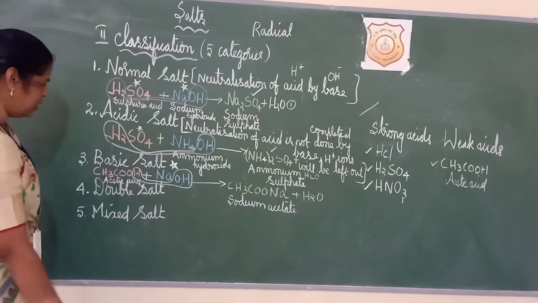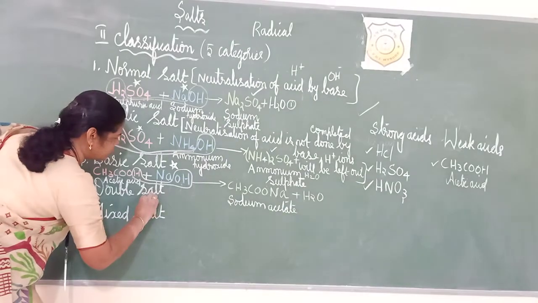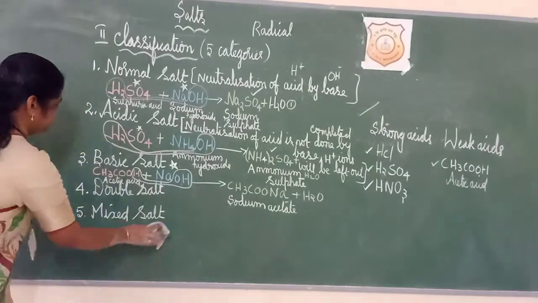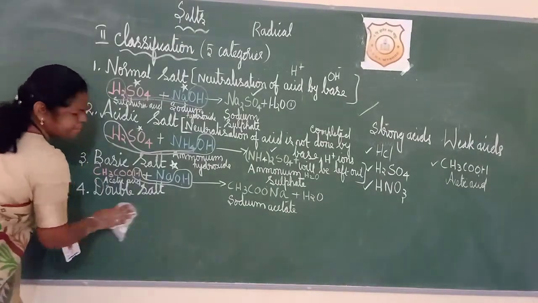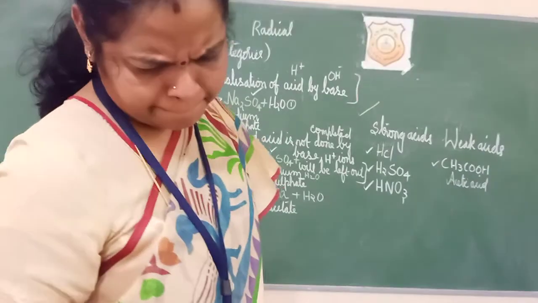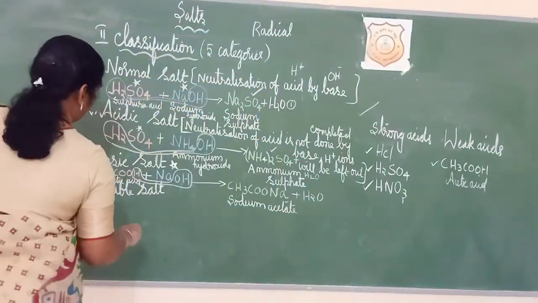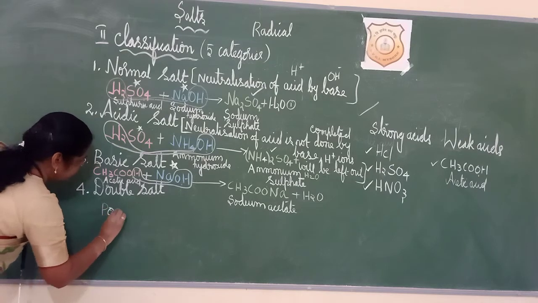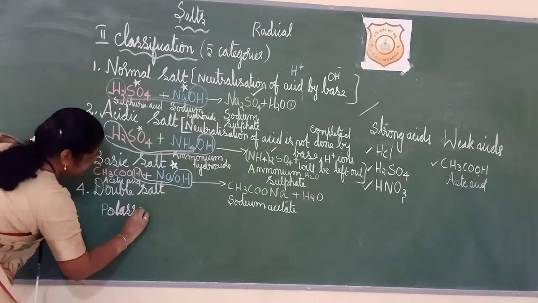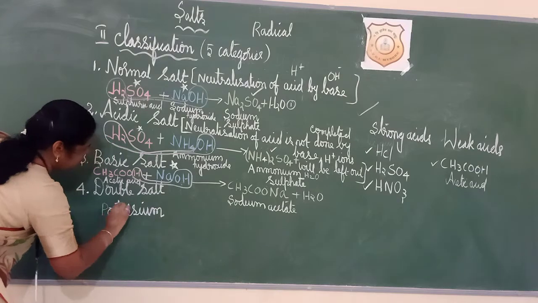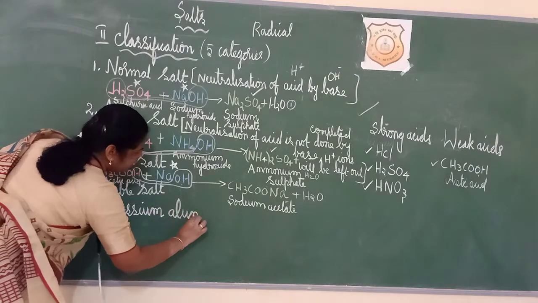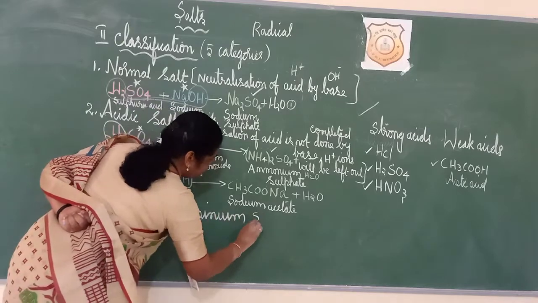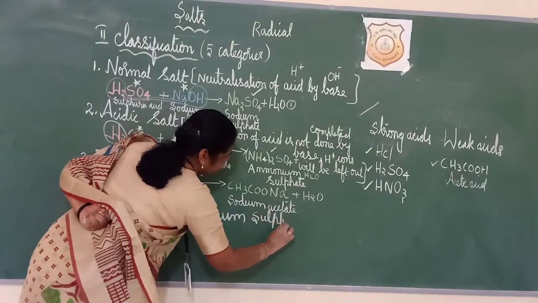For example, sodium sulfate or potassium aluminium sulfate we will take. Potassium aluminium sulfate. How can we write the formula?